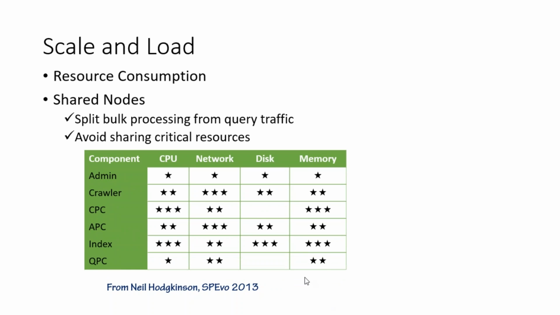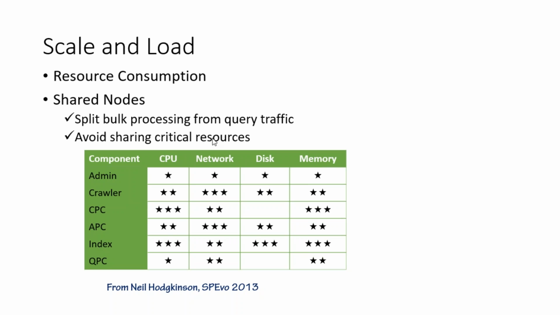In my case, Neil Hodgkinson back in 2013 did some work around the performance of each of the components in search. So here we have admin, crawl, content processing, analytics processing, index, and query processing. And then he looked at the metrics for CPU, network, disk, and memory.